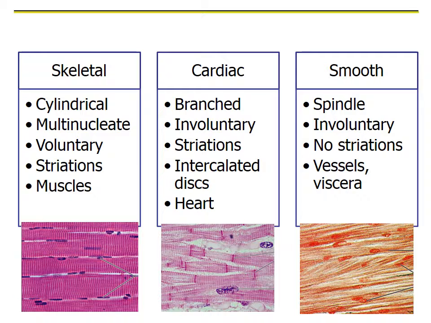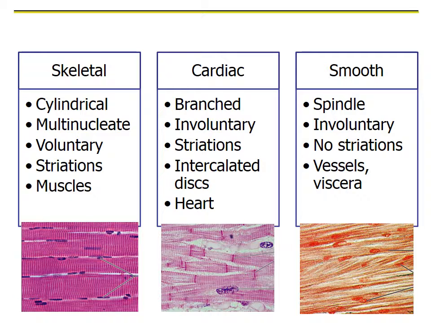Cardiac cells contain specialized cell junctions called intercalated discs, and you'll learn more about those in AMP2. And as mentioned, we find this tissue in the walls of the heart.